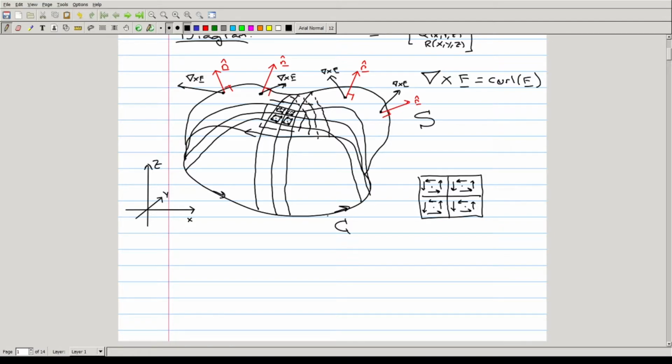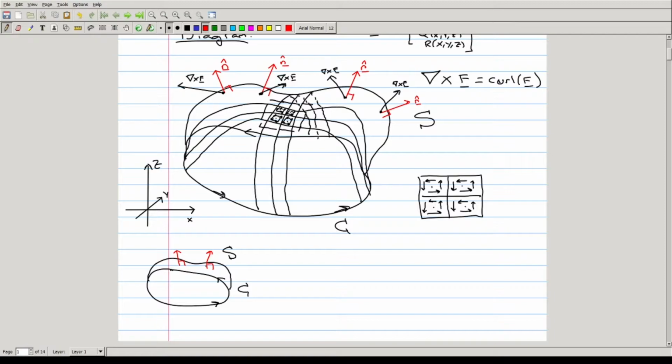So the boundary curve C here is this curve right here, this lower curve. In general, you have the boundary curve C and the surface S. And the idea is that we're talking about the outward normal to the surface relative to the boundary curve C. So we're going around in this counterclockwise direction.